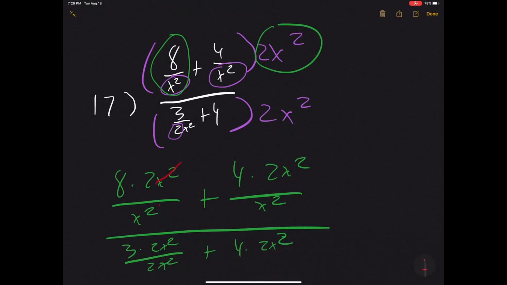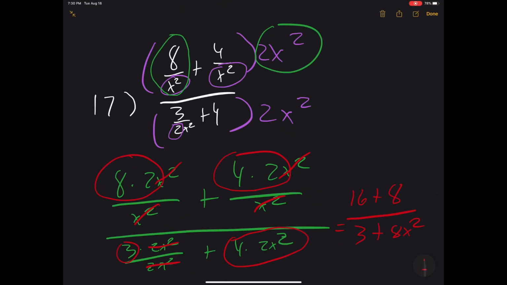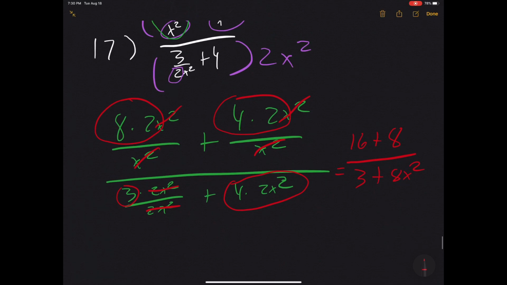I can cross off an x squared here with an x squared here, an x squared here with an x squared there, a 2x squared with a 2x squared, and it looks like that's all I can cancel. So I'm left with 8 times 2, which is 16, plus 4 times 2, which is an 8, over 3 plus 4 times 2x squared, 8x squared. And it makes my fraction a whole lot prettier, because I know what 16 plus 8 is. 16 plus 8 is just 24 over 3 plus 8x squared, and we're done.